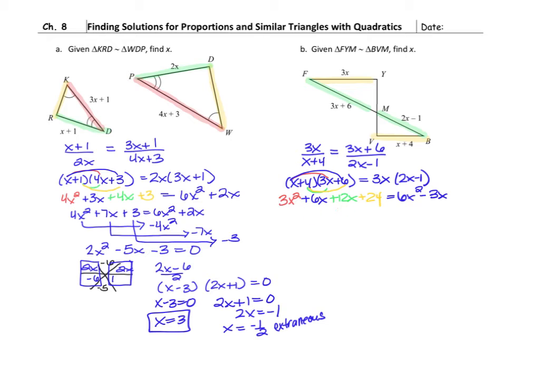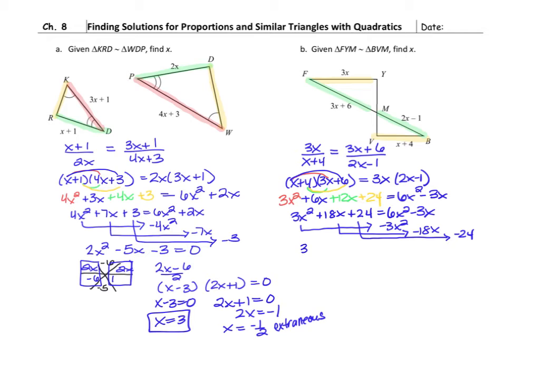Now let's combine our like terms in the middle. That will give me 3x squared plus 18x plus 24 is equal to 6x squared minus 3x. Now I'm going to move all of this stuff over to this side so I can have a positive x squared term. So we're going to subtract the 3x squared, subtract the 18x, and then subtract the 24.